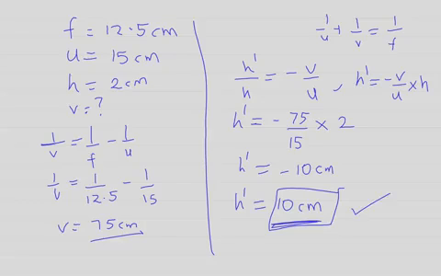The negative sign shows that the image is inverted. The lateral magnification always includes a positive sign when the image orientation is the same as that of the object.